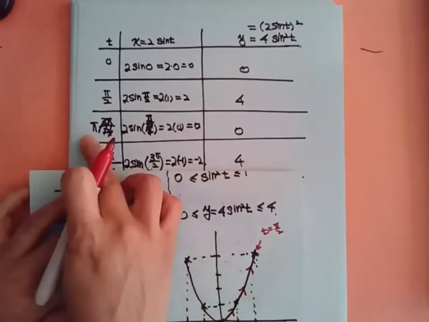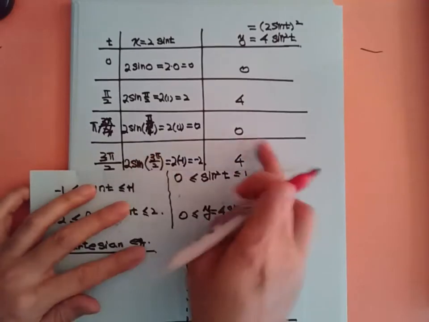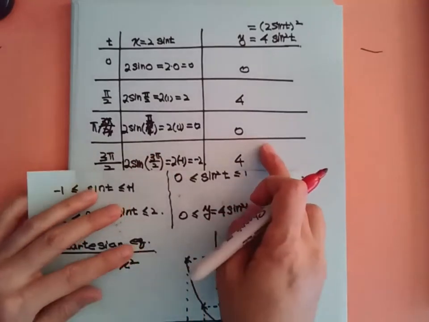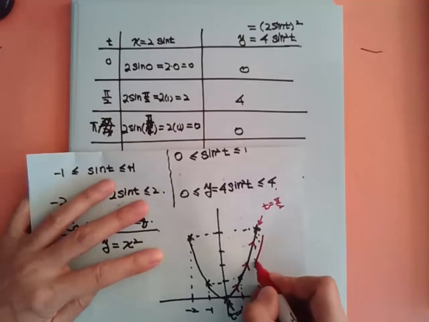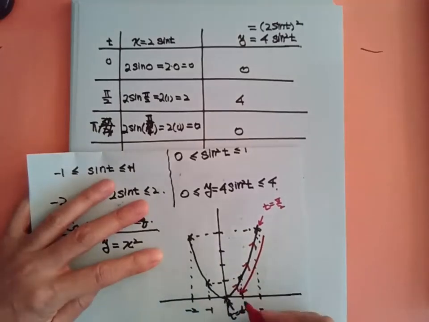And then when t equals pi, x equals 0 and y equals 0, so it moves back to here.